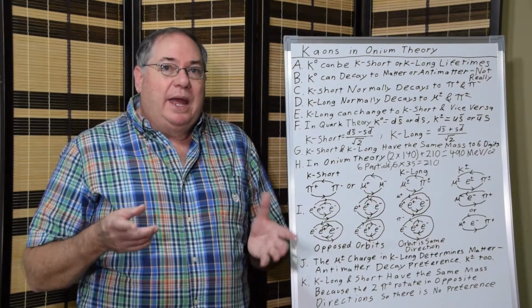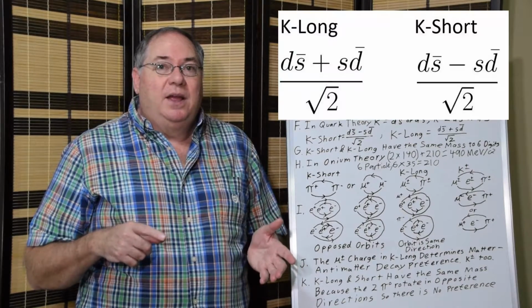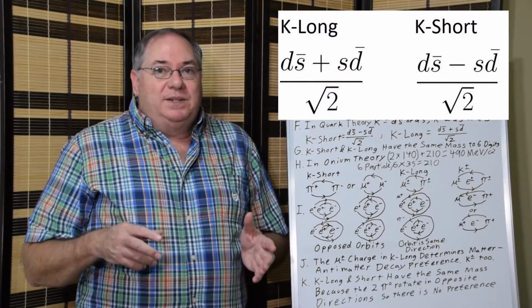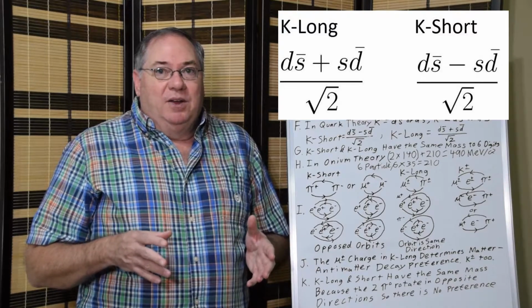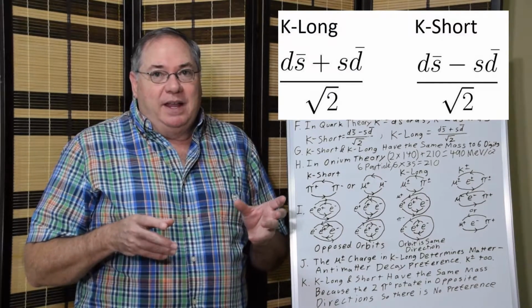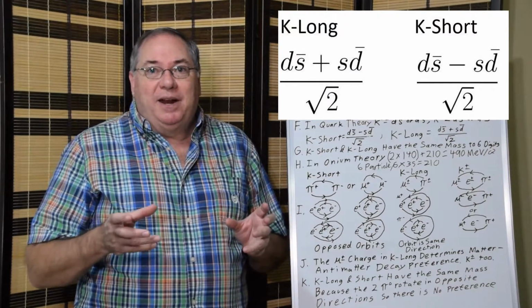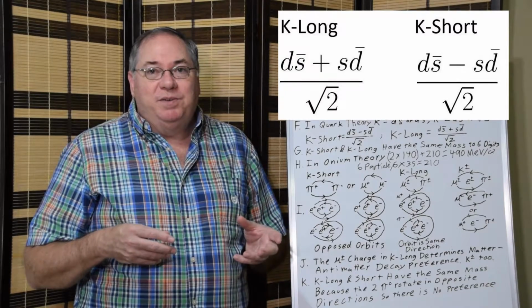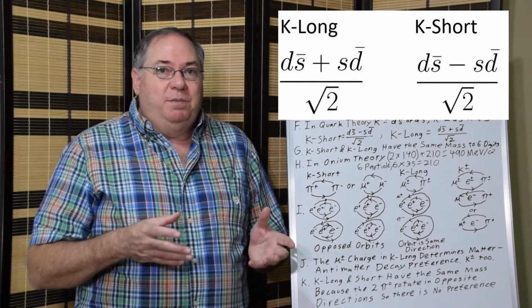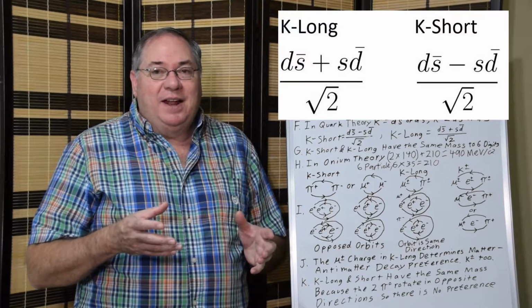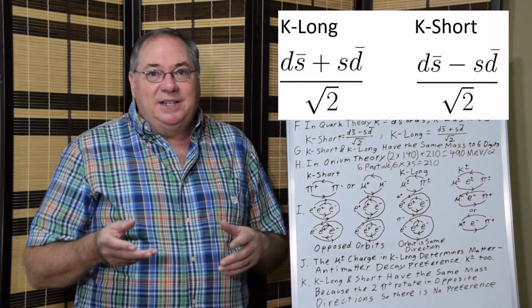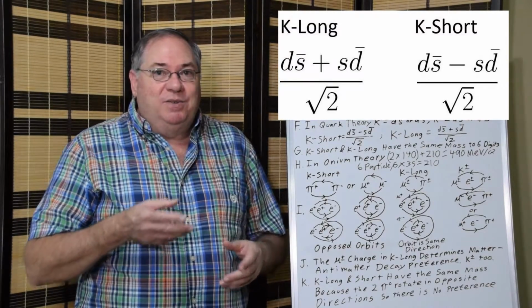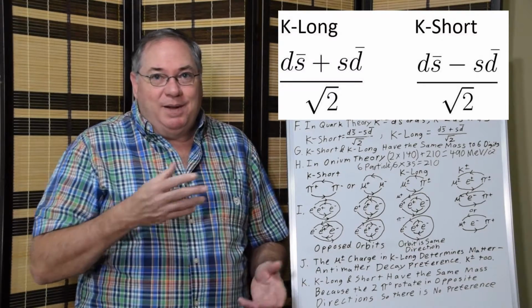So, getting back to the K naught, we have this nonsensical formula where you take a K naught minus an antimatter K naught divided by the square root of 2. But of course, if you put a D and an anti-D together, they annihilate, and a strange and anti-strange together, they annihilate. So really, it's 0 divided by the square root of 2.